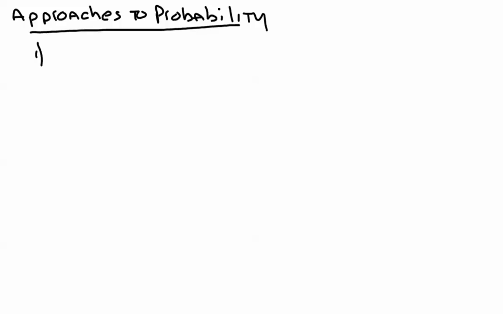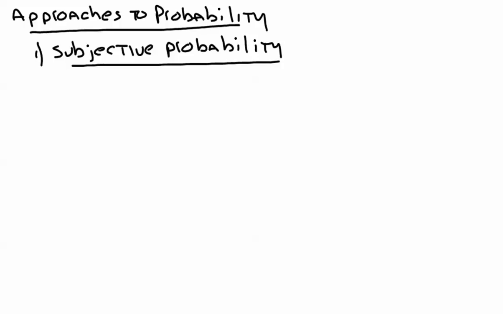The most common approach to probability is what we might call subjective probability. Subjective probability. It's the most common. At the very best, it is a wise, educated guess.